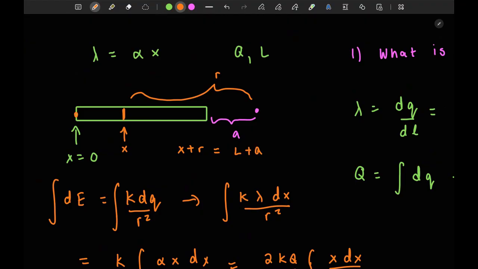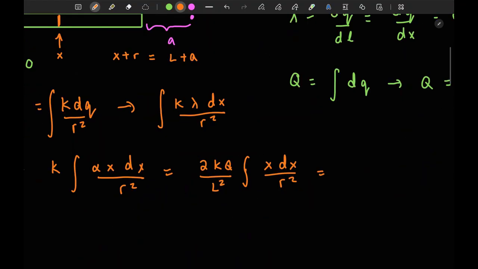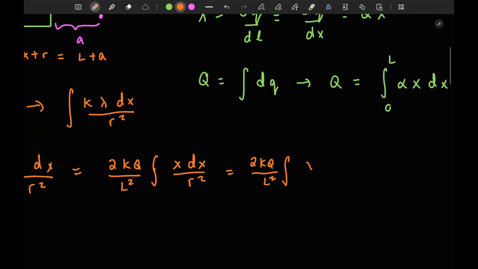And therefore, we can rewrite r as, well, actually, let's bring along our 2kq over L squared, integral x dx over (L plus a minus x) squared. Finally, our bounds of integration in this case will be from 0 up to L.